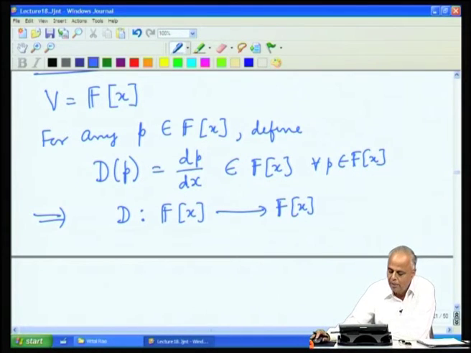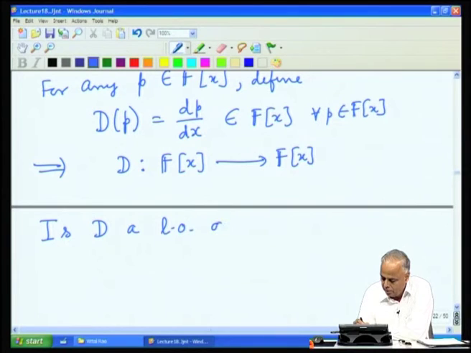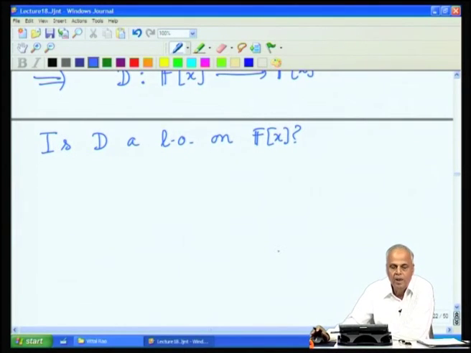The moment we have a transformation from a vector space to itself, the natural question again is: is D a linear operator on F[x]? And when does it qualify to be a linear operator? It has to preserve the two basic operations. So, let us check this.